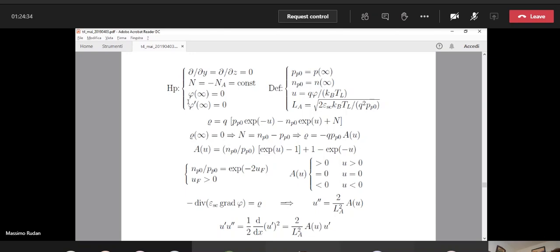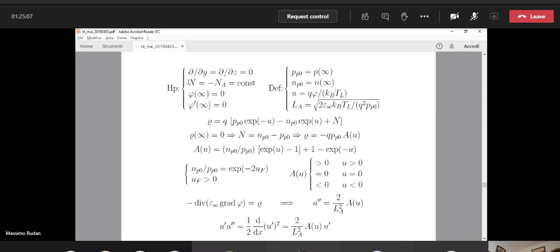First of all, we have a one-dimensional problem only, so the only dependence is on the x-coordinate. The second, very important property is that the dopant concentration is constant with respect to space. In this case it is equal to minus Na, the acceptor concentration.